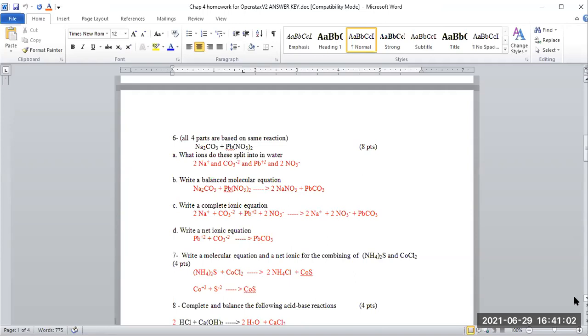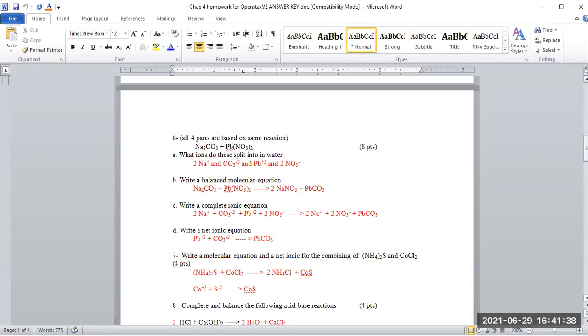And then the final step is to get rid of all your spectators, your sodiums and your nitrates, and only deal with the ions that it took to make your precipitate. So remember, all precipitate net ionics look the same in that something positive and something negative sticks together to give you a neutral molecule on the right-hand side.